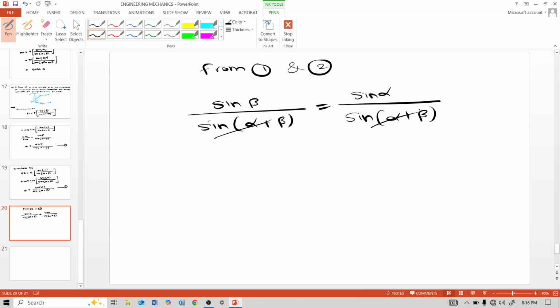So this will get cancelled, and sine of beta is equal to sine of alpha. So here, beta is equal to alpha. Consider this as equation 3.